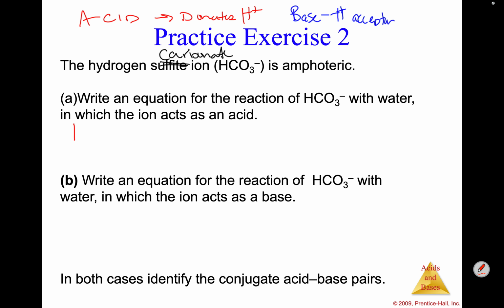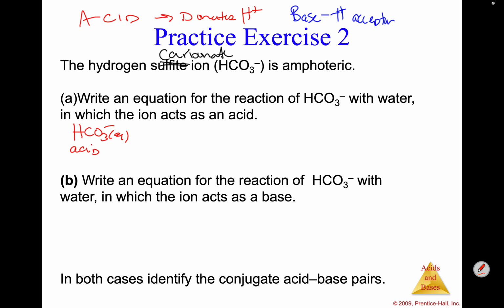So I want HCO3 minus as an acid. And what we're going to see in all of these reactions, if I have an acid reacting, acid is a proton donor. We're looking at only 2 reactants. So if I have only 2 reactants and one is donating a proton, what must the other reactant be doing?